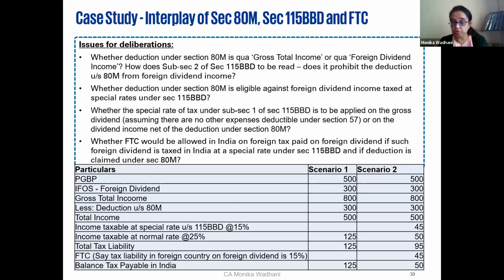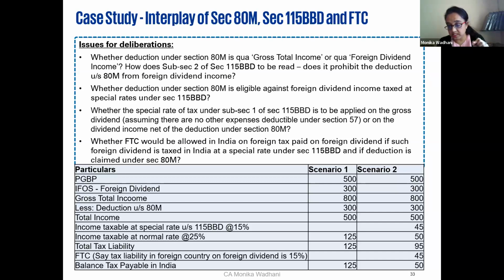It is fine so far as the income was chargeable to tax in India. And if you have not paid because of, say, exemption under section 10A or 10AA, as the case may be, in that case you are still eligible for foreign tax credit. And therefore, here, say, this foreign dividend has also been subjected to tax in that foreign country at 15%. And therefore, 45 is the tax which you have paid in a foreign country. And thus, you have to consider 45 as a foreign tax credit against 95.